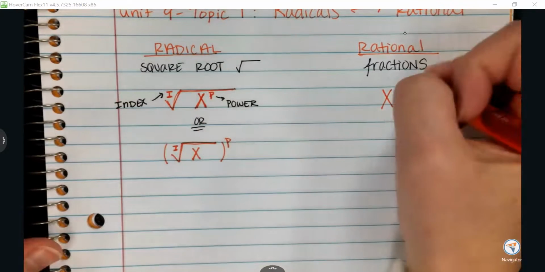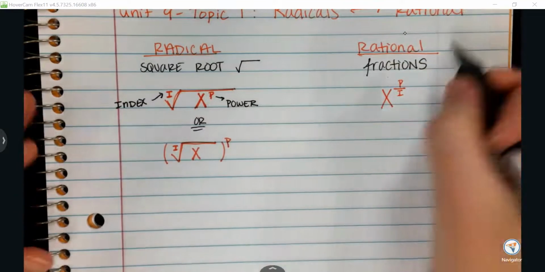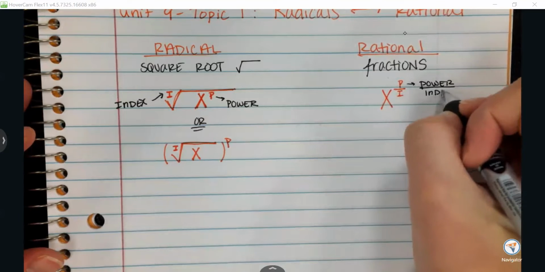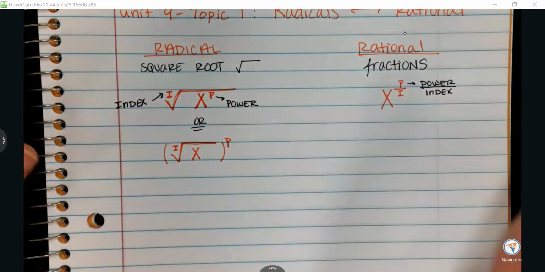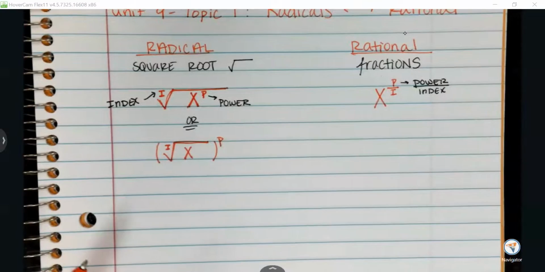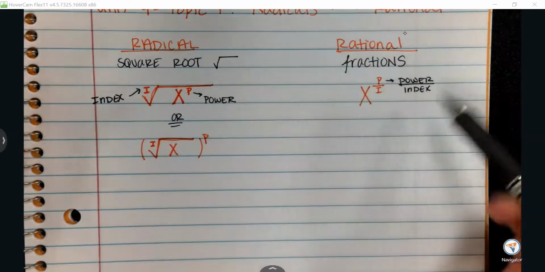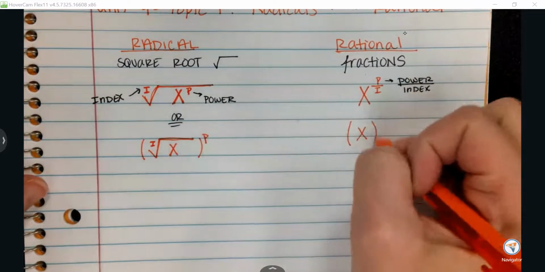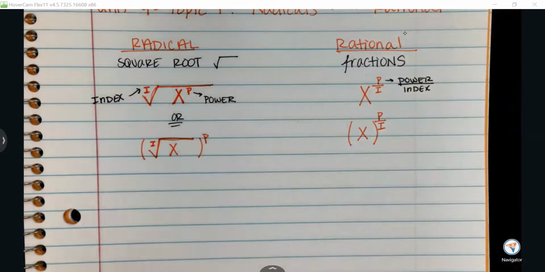It has to say power over index. Power over index. So there's no really other way to write this. You could use parentheses if you wanted. We could have the X, but it would still be the same fraction, power over index.